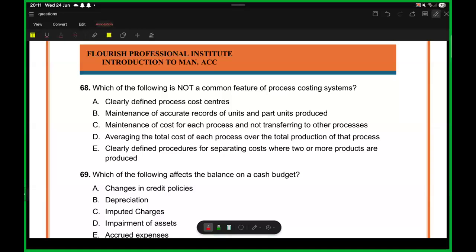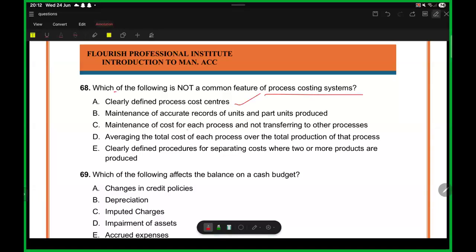Okay. So all of them, which of the following is not a common feature? All of them are a feature, except one. When we are talking about the process costing system, we have clearly defined process cost centers, from one process to the other. So you could see it over there, which is correct. Maintenance of accurate records of units and part units produced is also correct.